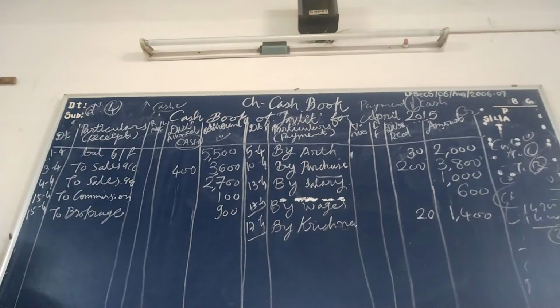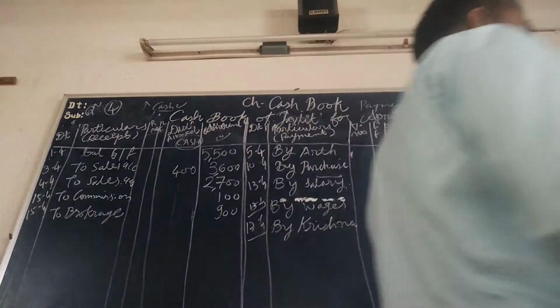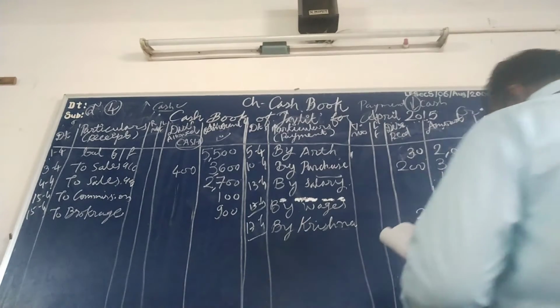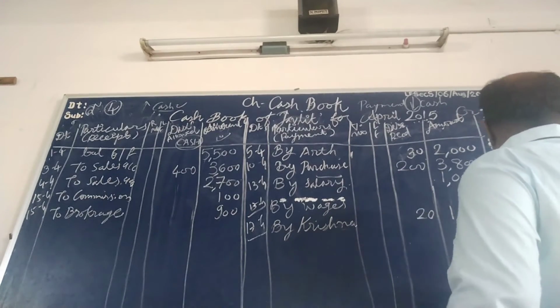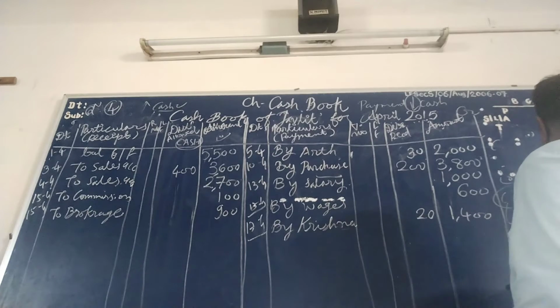Now in the 18th of April, goods 5000 sold at 10% trade discount and 5% cash discount. So here we give the party both 10% trade discount and 5% cash discount. So 5000 minus 10% trade discount means 500 will be deducted.